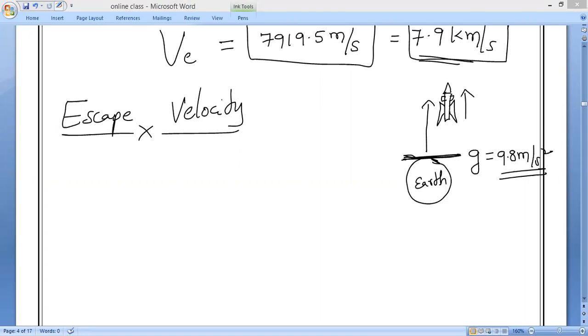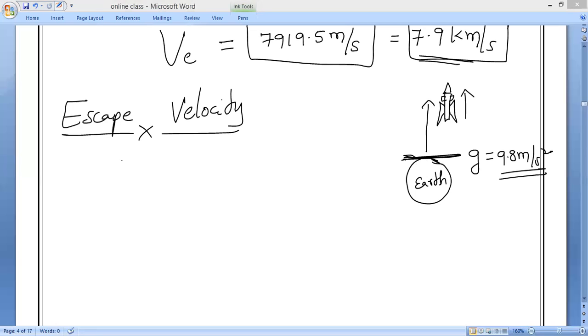Understand, everybody? The velocity required to escape from Earth's surface or Earth's gravity is called escape velocity. Is it okay, Hari?